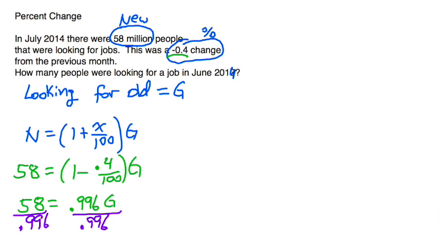And we get a final answer of, well, let's see here, 58 divided by 0.996. 58.2. So G in this case would be 58.2. And since it's not really 58.2, it's in the millions. So this would be 58.2 million people were looking for jobs in 2014.